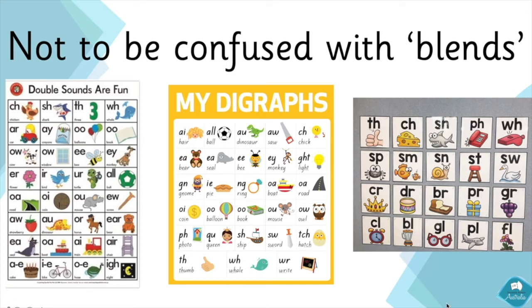And let's have a look at the end poster there. This is just a confusion between what is a digraph and what is a blend. We've got some digraphs up the top there, but it's in the same presentation as the traditional blends. And we now know that blends shouldn't be represented as individual sounds because they're making two different sounds.